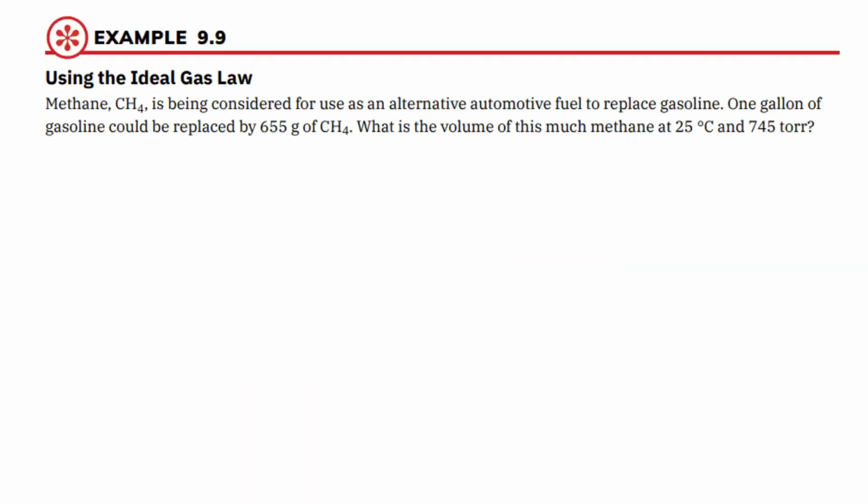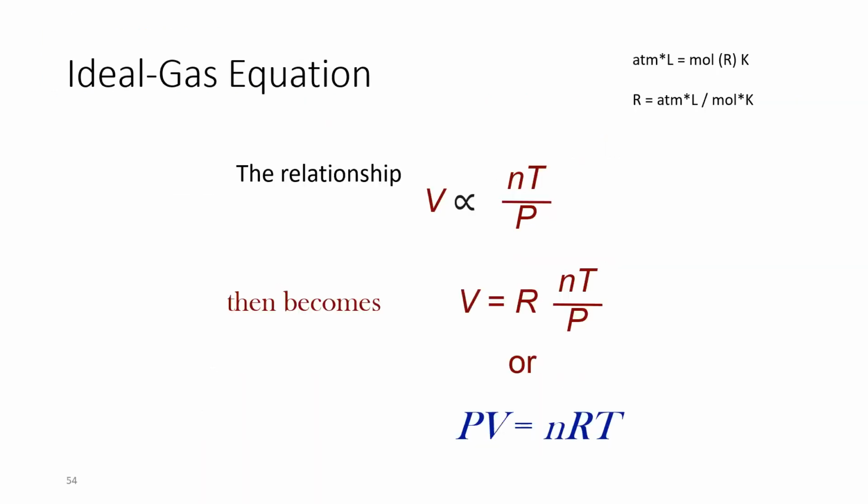So to look at just one practice one here, methane, and I should also mention, the reason we call it the ideal gas law is because we've got pressure, volume, moles, and temperature along with that gas constant. But nowhere in this equation is there a spot for us to plug in information about what type of gas it is. And because of that, that's why we're calling it the ideal gas law.